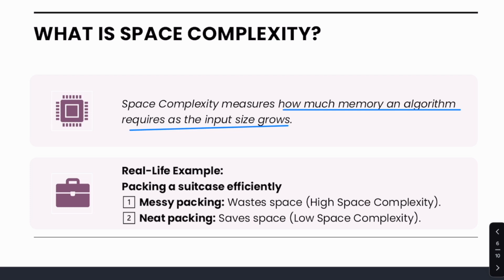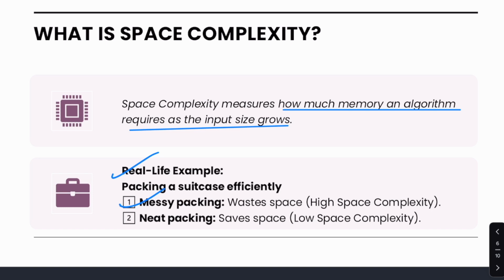So let's take one example. When you want to travel somewhere and you are packing a suitcase. First, let's say messy packing. When you do the packing, if you randomly throw your clothes and belongings in the suitcase, then you might not be able to fit all of them, and it will waste some space.